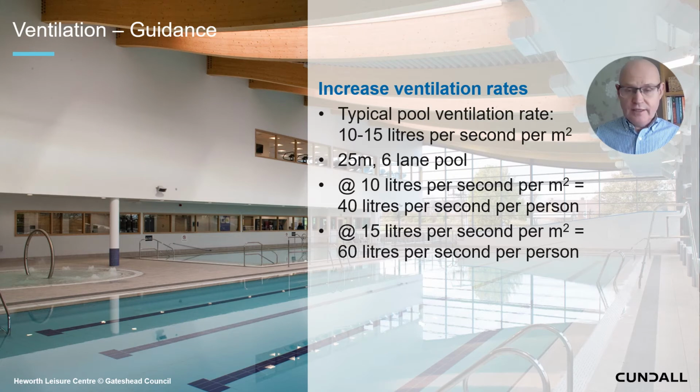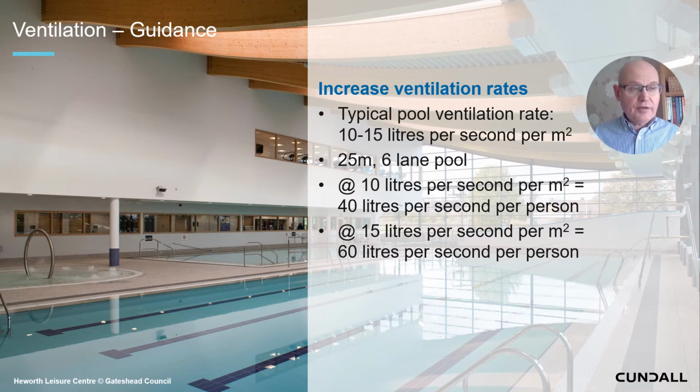Now, if we took, for example, a 25 metre 6-lane pool, at the lower end of that spectrum at 10 litres per second per metre squared, that would give us a ventilation rate equivalent of 40 litres per second per person if we were to assume a bather density of 1 person per 3 square metres. Equally, if we went to the upper end of the scale of 15 litres per second per metre squared, that would give us 60 litres per second per person.